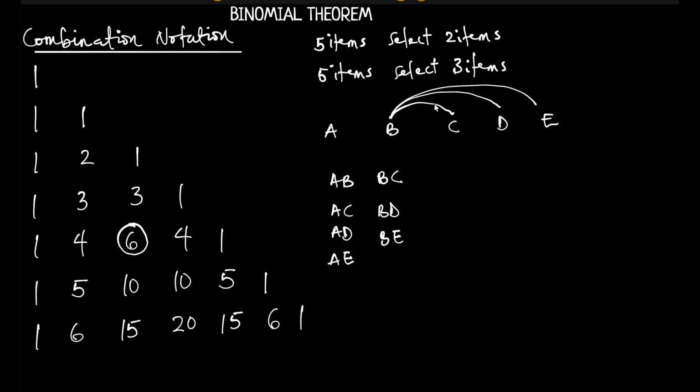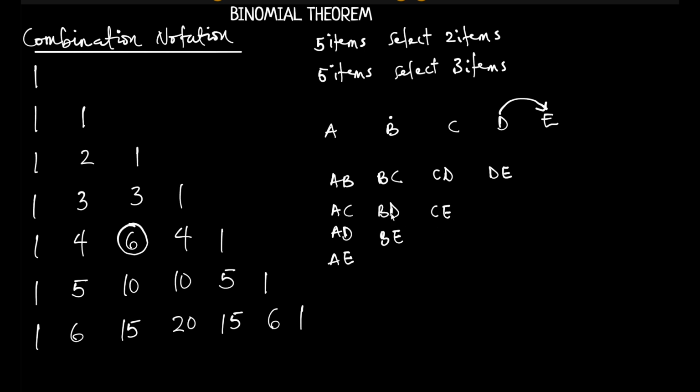Now all the possible partners for B have been selected. Now let's move on to C. C can go with D, we have CD, and C can go with E, we have CE. That has been settled. Now let's do the same for D. D only has one partner, so we have DE.